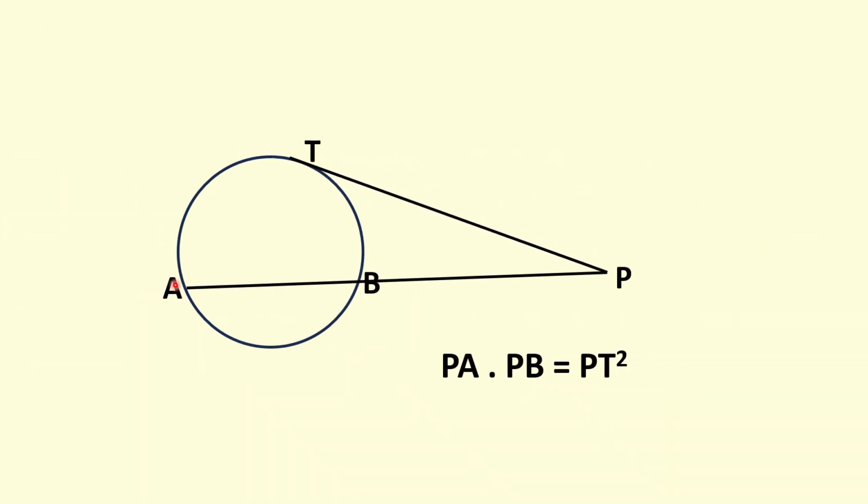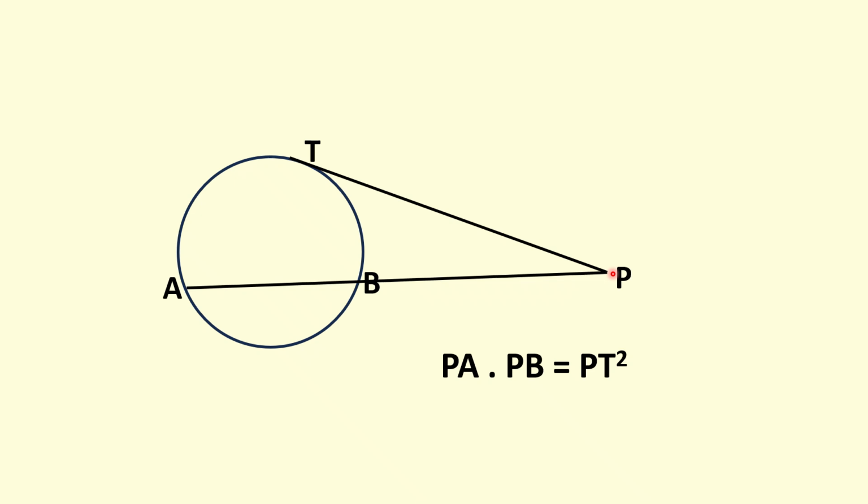Now the first fact: this is a chord extended to a point P, so that A to B is a chord and A to P is a secant. If you think of A to B, the part lying inside the circle, it is a chord. And if you think of the full line extended outside the circle from A to P, it is a secant.